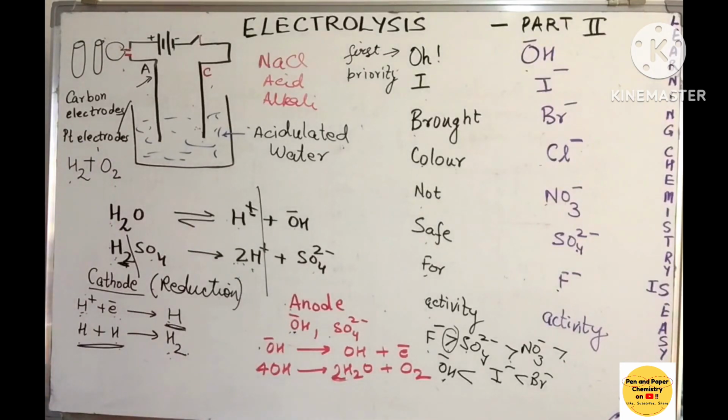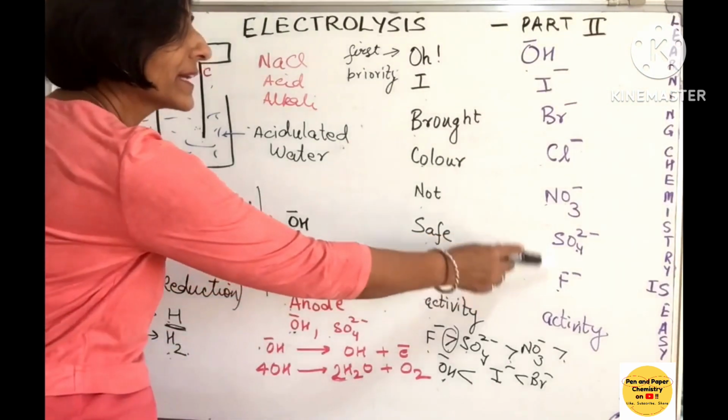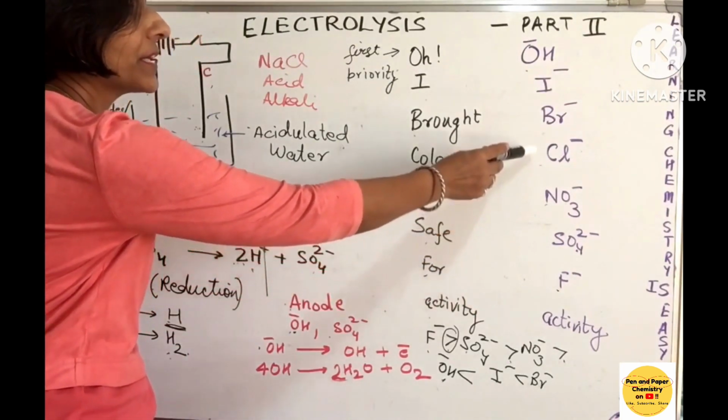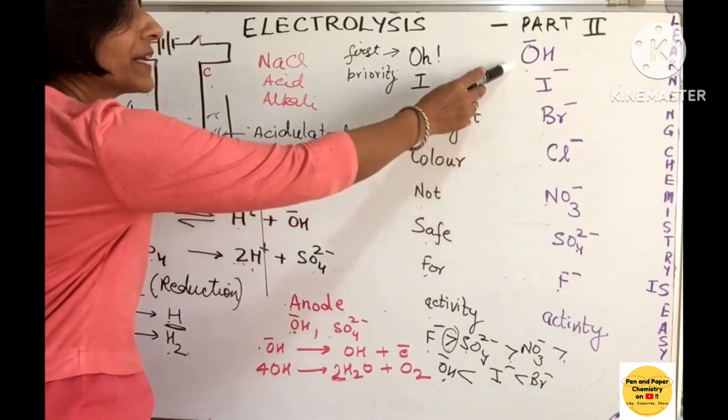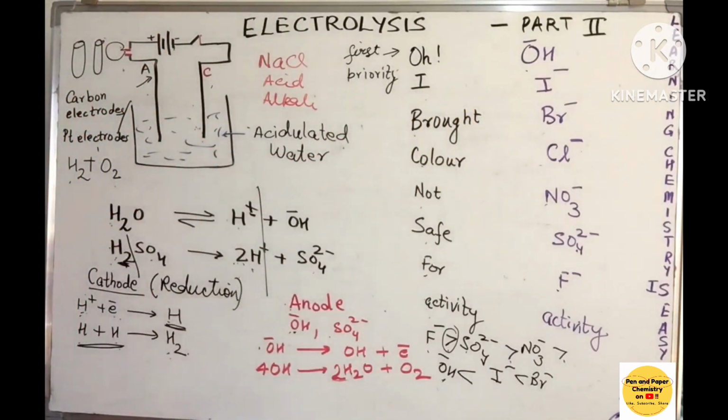If on the other hand you are asked about the stability, then fluoride greater than sulfate, greater than nitrate, chloride, bromide, iodide and hydroxyl. So hydroxyl comes in the end.